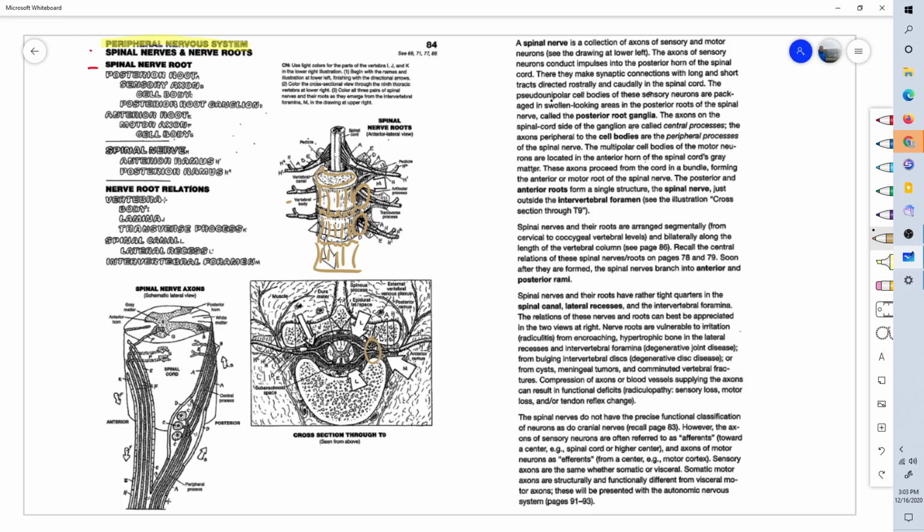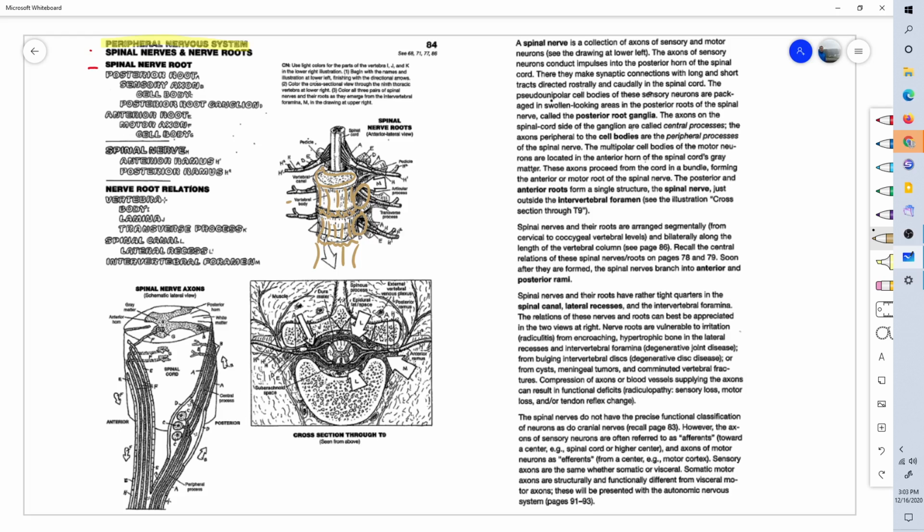Not a whole lot of room. It's a pretty small area for these nerves to leave. So it's a very vulnerable area of the body. And that's where we encounter a lot of problems, disc herniations and sciatica and lots of these different maladies.